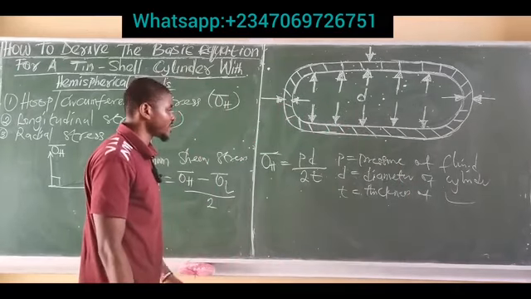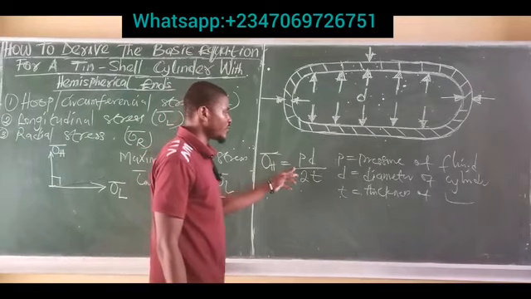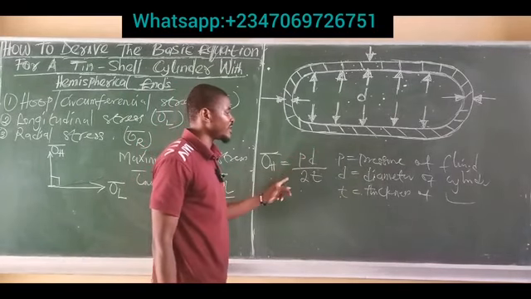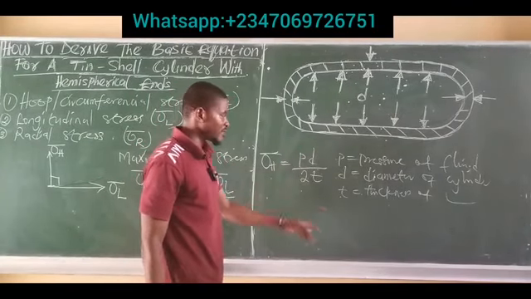So to find the hoop stress, it is simply the pressure of the fluid multiplied by the diameter of the cylinder divided by 2 times the thickness.